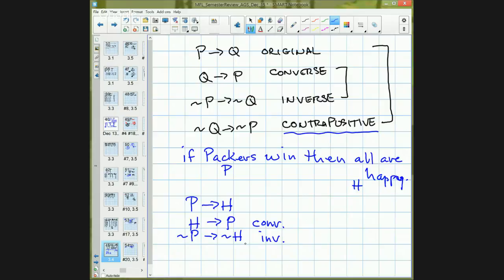Follow? And now let's do the contrapositive, the good guy. If not H, then not P. What is that in words? That says if you're not happy, then the Packers didn't win. That's equivalent to the original. So these two are equivalent.